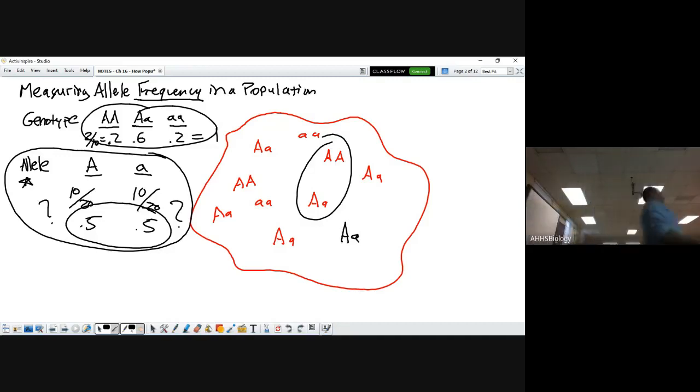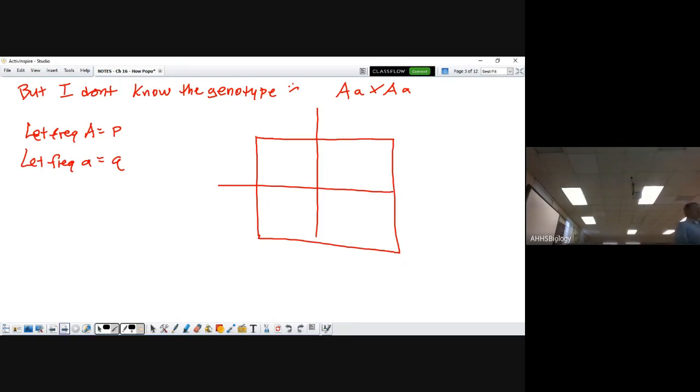The way the math works is this. Okay, so I don't know the genotypes like y'all just said, and let's imagine this genetic cross, a heterozygous cross, okay, big A, little a cross to big A, little a. And we're gonna switch some numbers out.